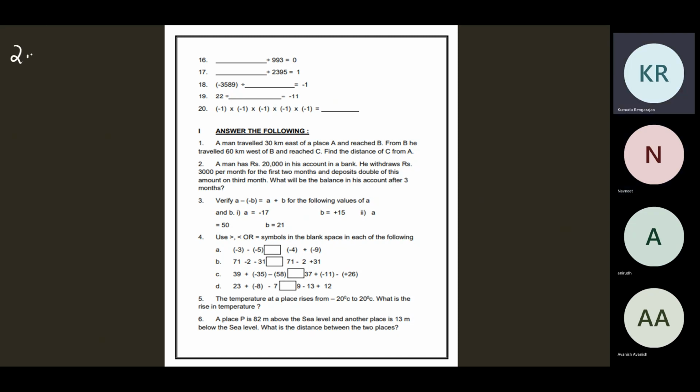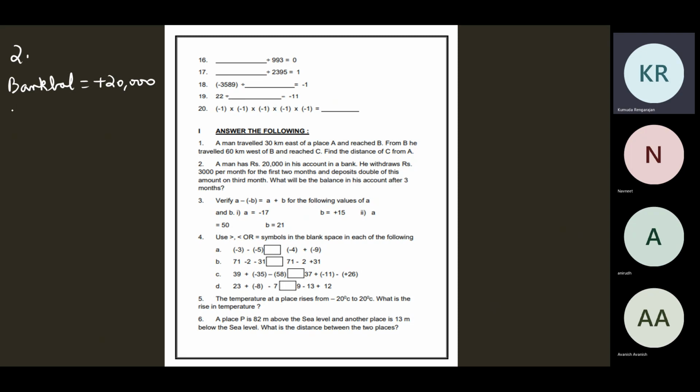So for the second one, a man had rupees 20,000 in his account in a bank. The first statement is bank balance. Write it fully. Balance is equal to plus 20,000. Then 3,000 per month for the first 2 months.